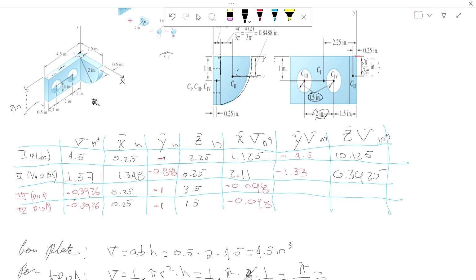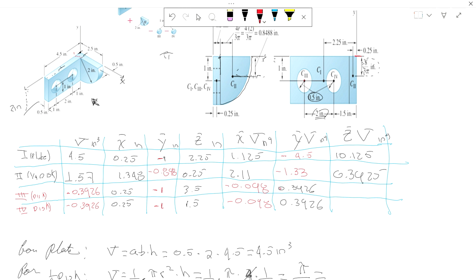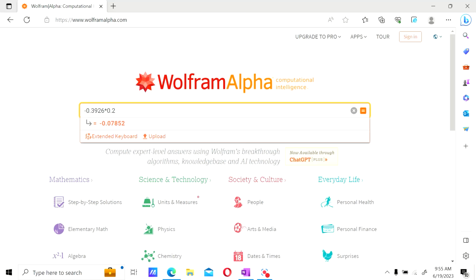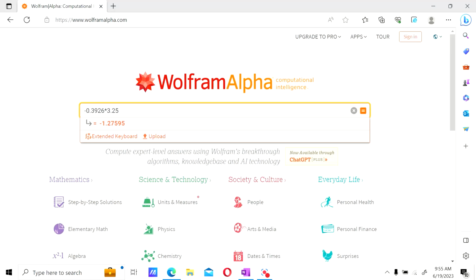So negative 0.3926 times -1 is positive 0.3926. Okay, and in z, negative times positive is going to give us a negative 0.3926 times 3.5. Sorry, 3.25. Right? Yes, 3.25.